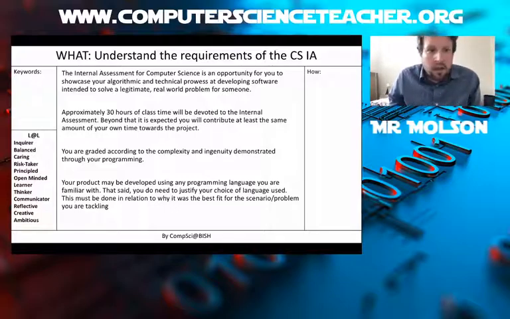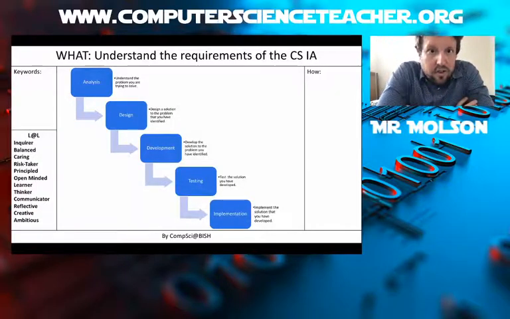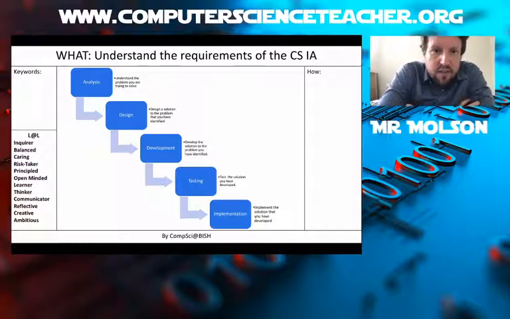So we're just going to move on now. What's important here is that you follow the 5 stages of the software development lifecycle. So the first thing that you are going to do is identify a client, and then you're going to analyze the problem.